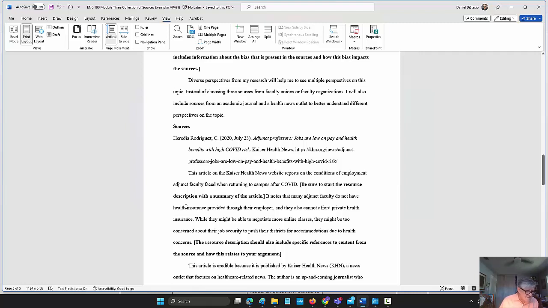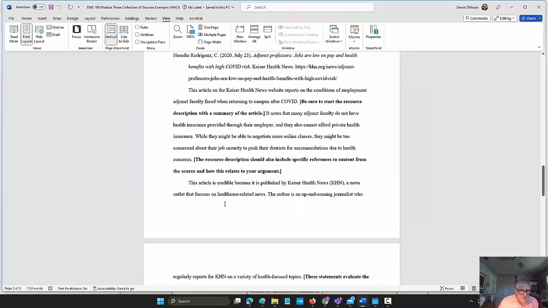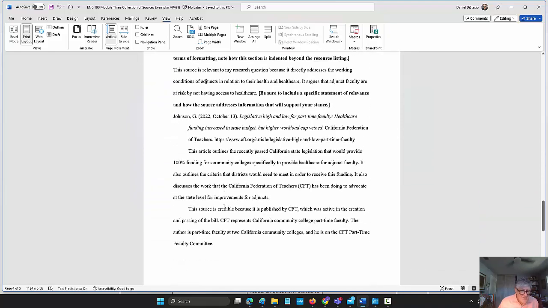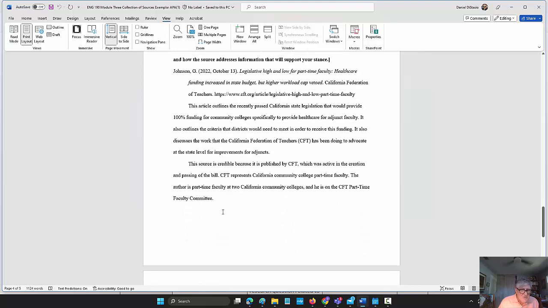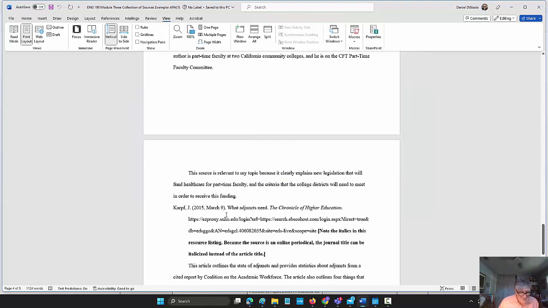I don't see 1 or 2 sentences. And this should not be copy and pasted, obviously, from the abstract or from the article itself. Then you'll talk about the credibility, and then finally, you'll continue and say why this source is relevant.